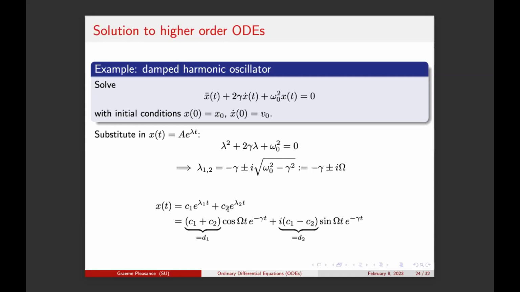Then we can form the solution just as a linear combination of these two exponentials with these coefficients C1 and C2. As I mentioned on the previous slide, because the roots of the auxiliary equation are complex conjugates of each other, we can in fact write the solution in a slightly more convenient form.